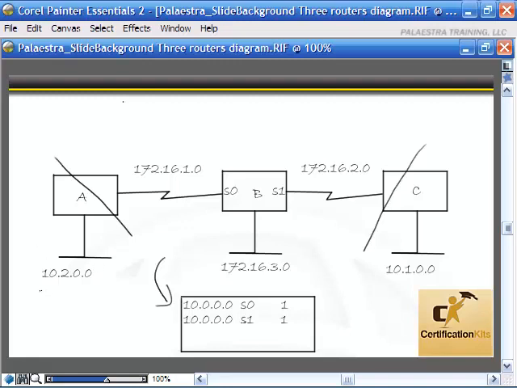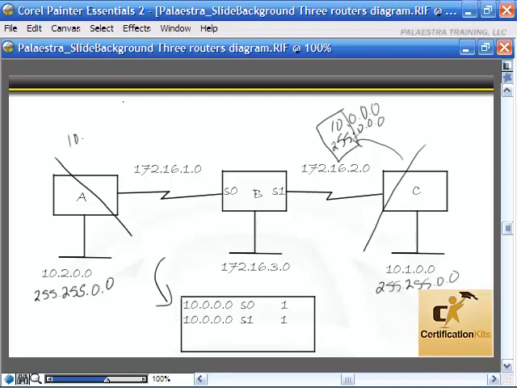And even though the subnet mask he's using with this is 255.255.0.0, so he knows the 10.2 is a subnet, and he's using 255.255.0.0. When they send that update out to router B, they send it like this: 10.0.0.0 with 255.0.0.0. They summarize the entire 10 with that, and same thing with A.